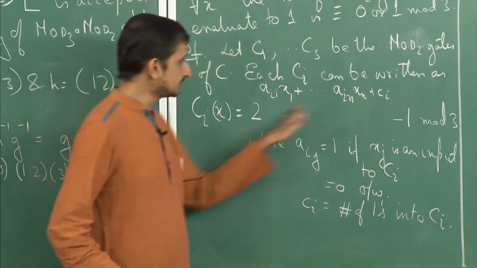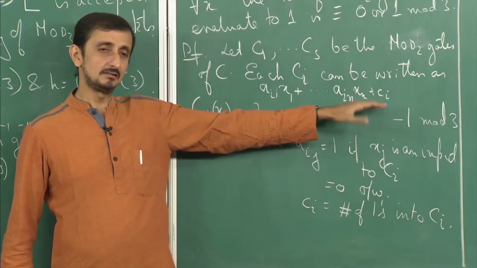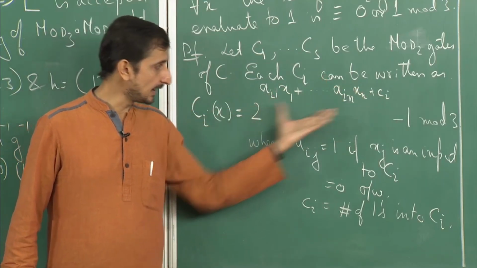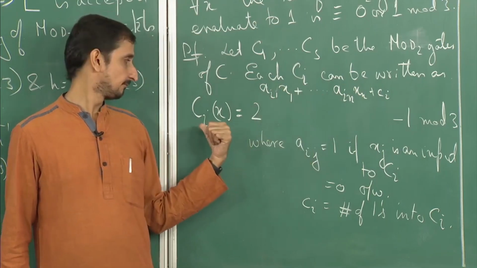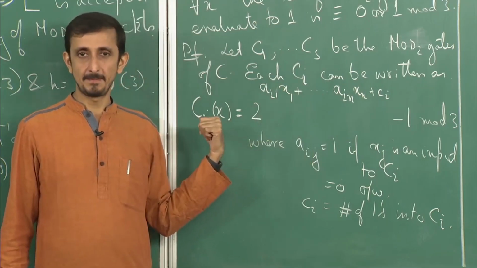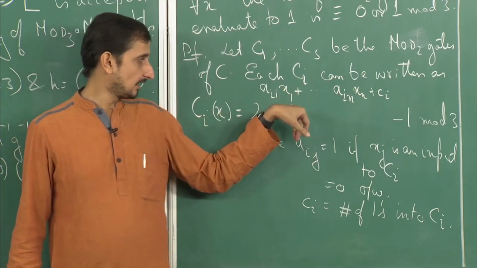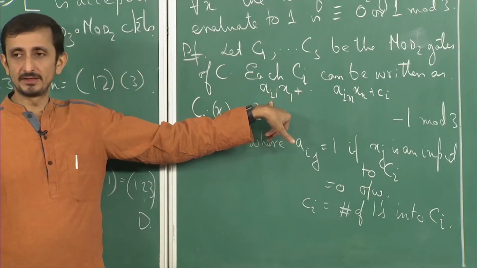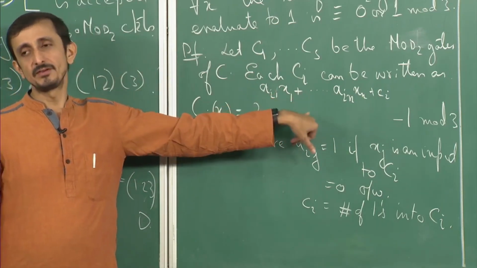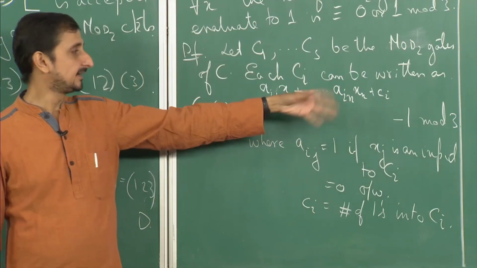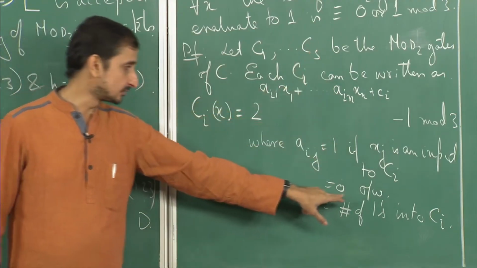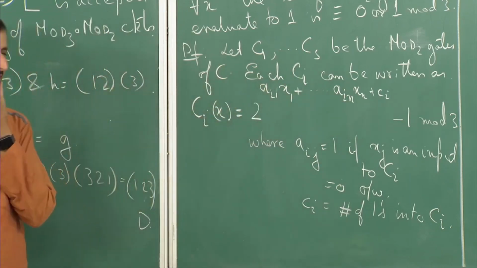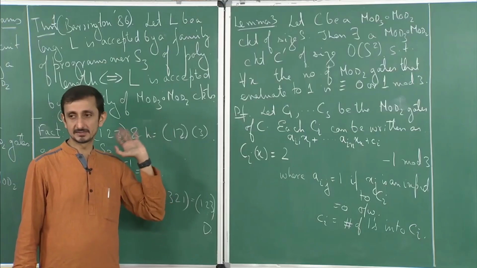So, essentially what this power is counting is the number of ones that feed to the gate Ci. Okay. So, if a variable is feeding to that gate, then it is kept over here using this constant, and if a variable is not feeding to that gate, then it is turned off by setting that constant to be 0. Okay. So, it is essentially counting the parity, well, not the parity, but essentially the sum.